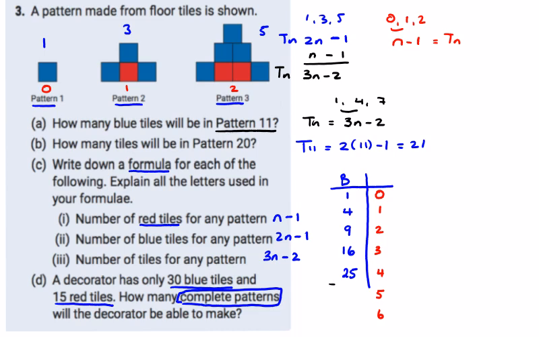All the way to 25, so they can definitely make that one 25. And then there will be 36 blue in total used, so we definitely can't make that one. So this is the point at which we couldn't make any more, so that is the first, second, third, fourth, fifth pattern.